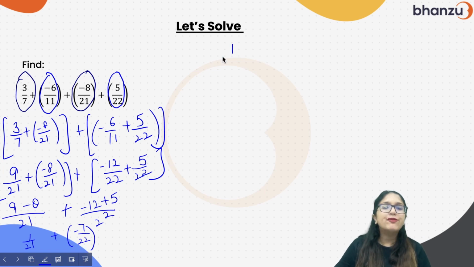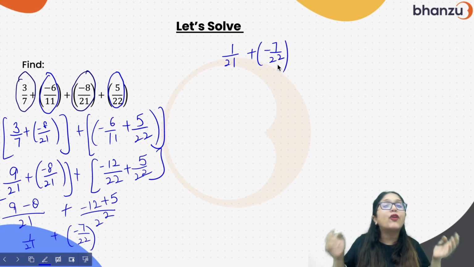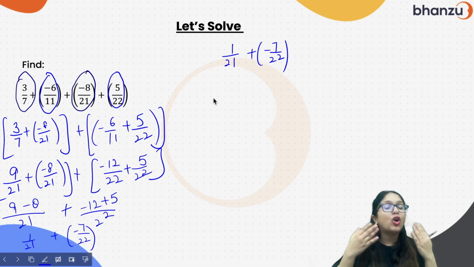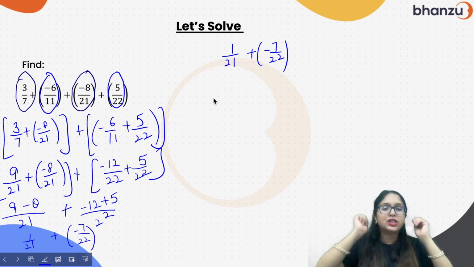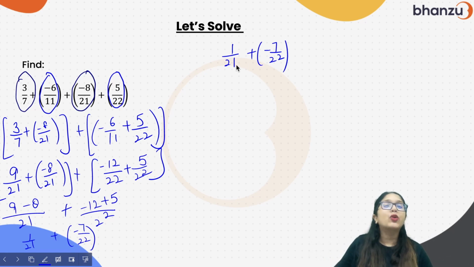Now, I have 1 over 21 plus minus 7 over 22. So, can you quickly tell me what is the LCM of 21 and 22? That is 462. So, I want the denominator to be 462. For that, let me quickly change the first number. Here I am going to multiply the numerator and denominator by 22. So, this is going to be 22 over 462.